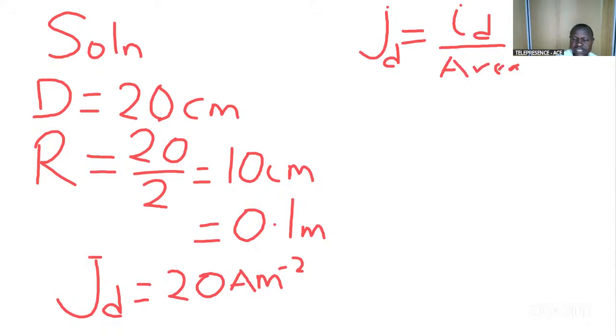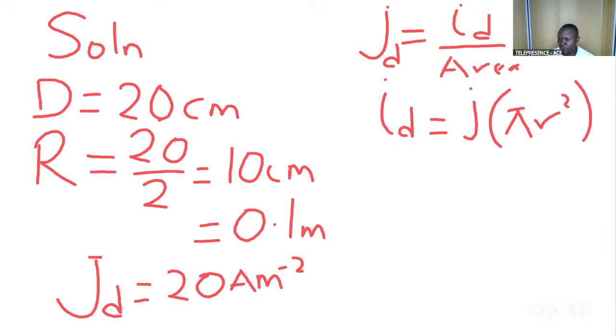That's the current per unit area. If you make the displacement current the subject of the equation, we have this.